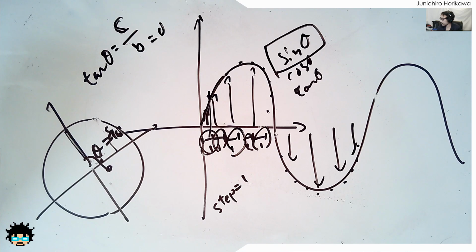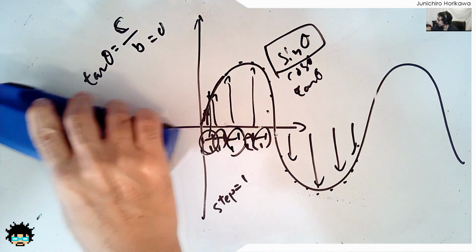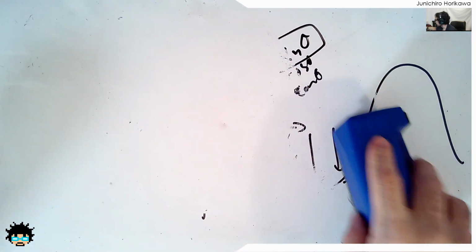Before going in, let's see why we are having values between -1 and +1 for the sine function, and that could also be said for the cosine function as well.